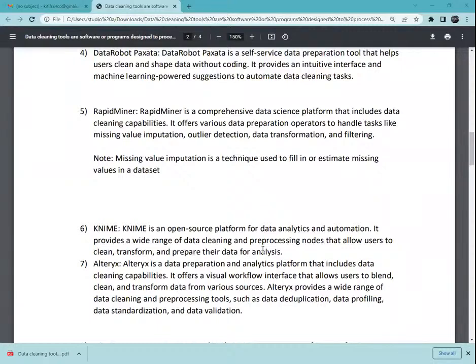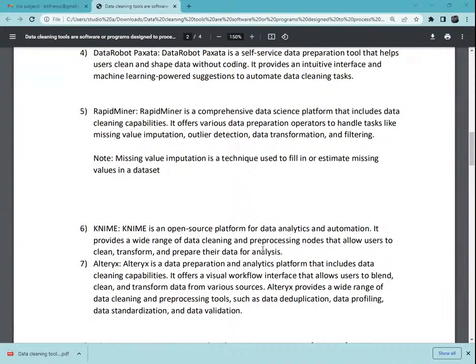You can take information from SAP or from various ERPs. If it's a college like this one, using Alteryx, I'll be able to get information from my students' management system. I blend this, for example, with information from our, for example, QuickBooks. So you're able to fuse information together using Alteryx.